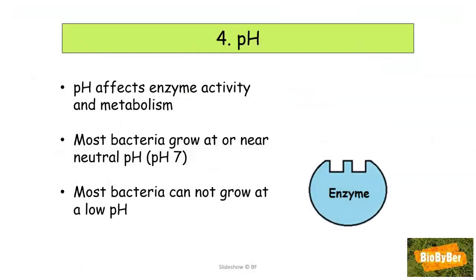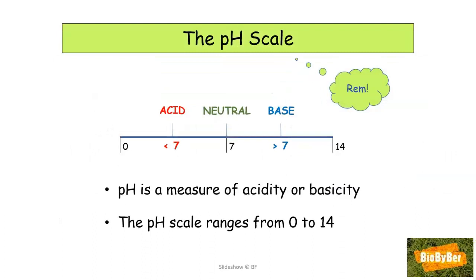The fourth factor that affects the growth of bacteria is pH. pH affects enzyme activity, and thus pH will affect metabolism, the chemical reactions that go on in bacteria, and thus the pH will affect growth. Recall that the pH scale is a measure of acidity or basicity.